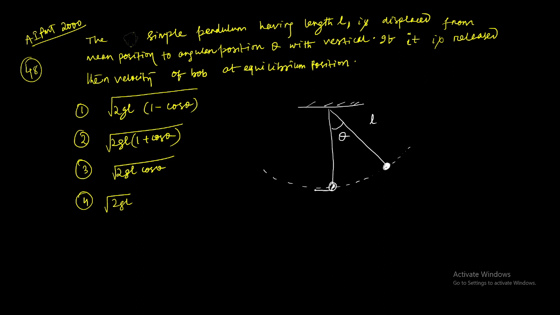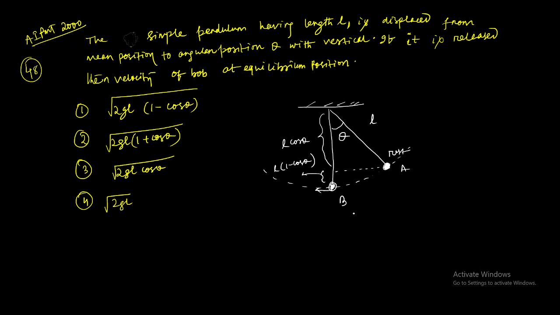So you can get the velocity at this position by applying energy conservation. Let's apply the energy conservation at this point and at this point. This is point A, this is point B. This is at rest here, right? And you know that if this is theta, this length is going to be L cos theta, and this length will be L(1 minus cos theta).